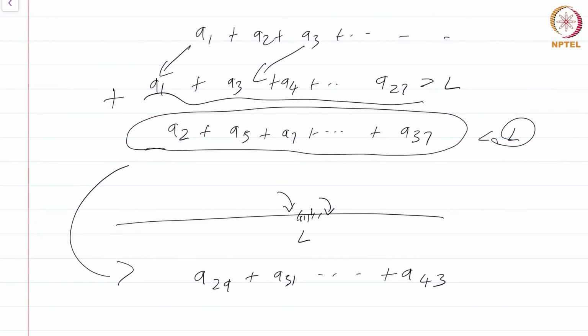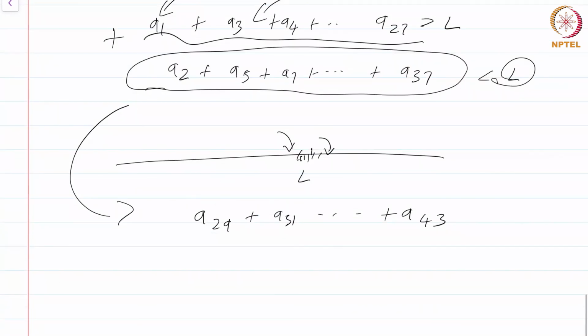Now repeat this process. Keep adding positive terms till you just cross L, then keep adding negative terms till you just cross L again from the other side. Then you're just ping-ponging between the left side of L and the right side of L.